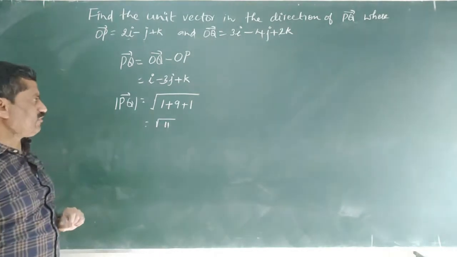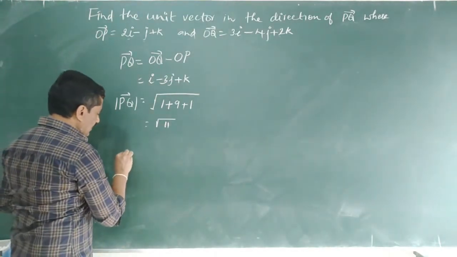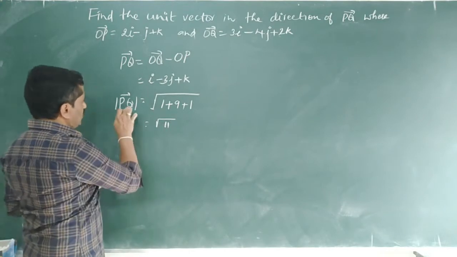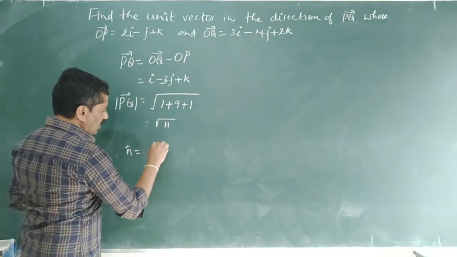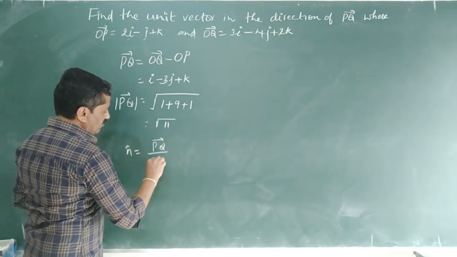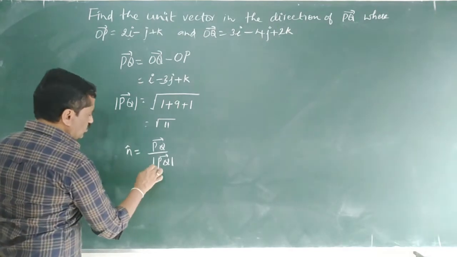So now we need to find the unit vector. Therefore unit vector n cap, or you can write PQ bar cap, is equal to PQ bar divided by magnitude of PQ bar. Again that is equal to, what is PQ bar?